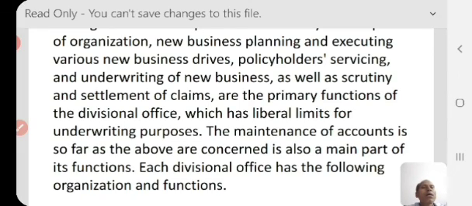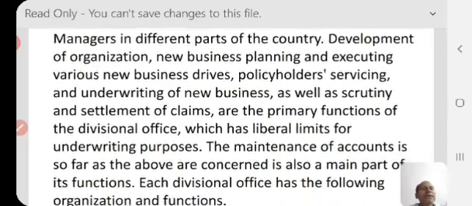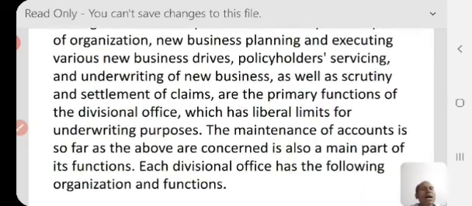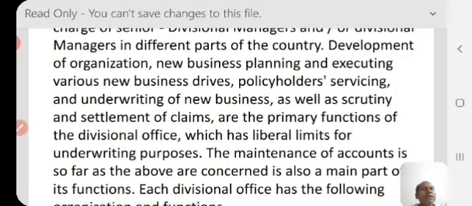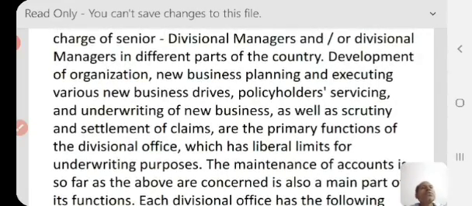They are scrutiny of the settlement of the claims and the liberal limits for underwriting purposes, maintenance of the accounts, execution of the business drives, and the new business planning, and so on.